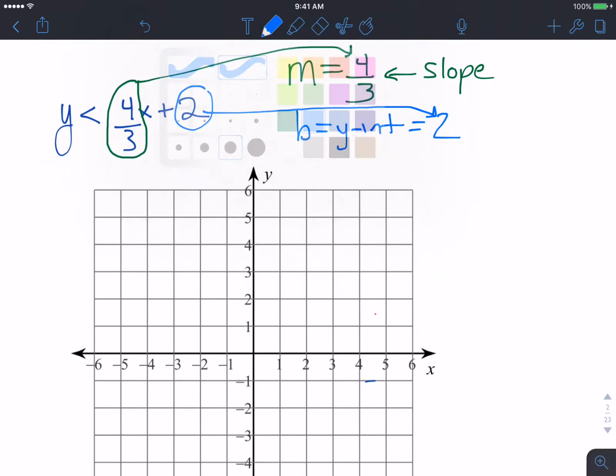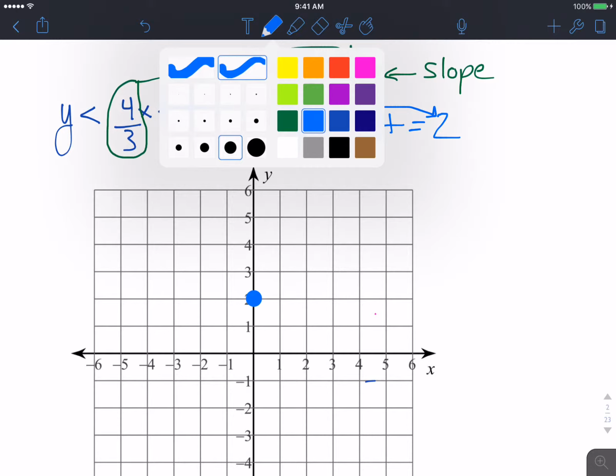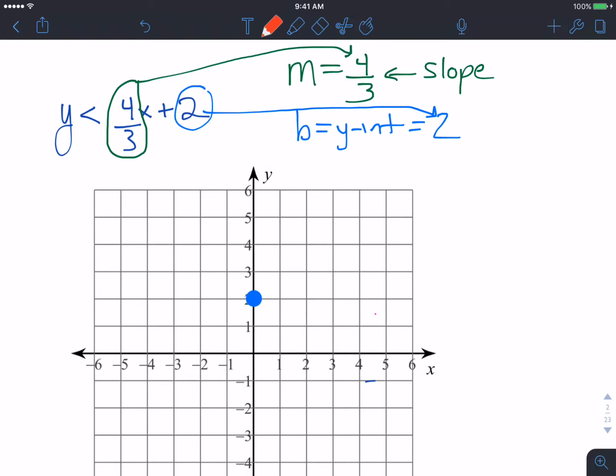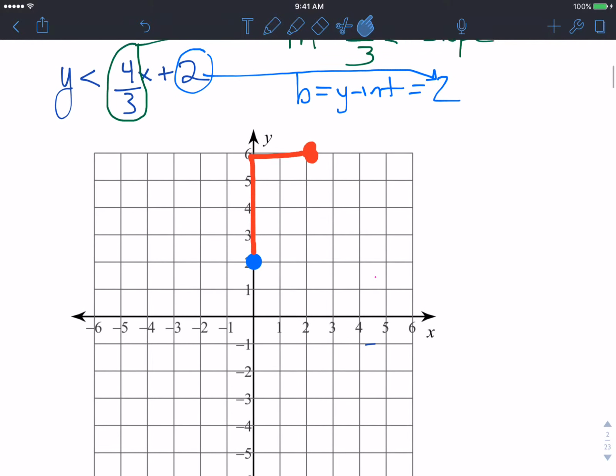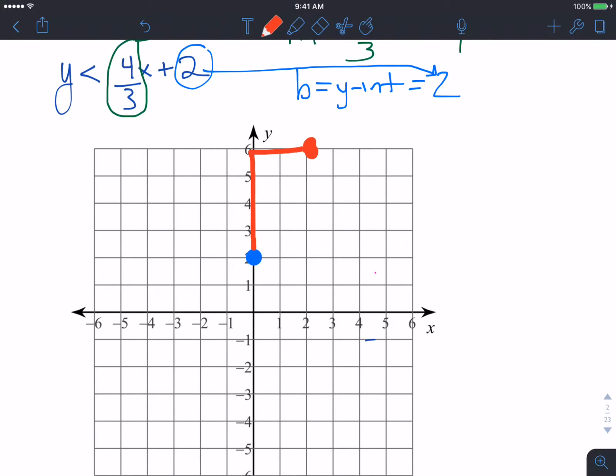So I'm going to go ahead and make the first point on the graph at 2. Now I'm going up 4 and over 2. So my next point is right there. And I'm actually going to reverse it and go down 4.